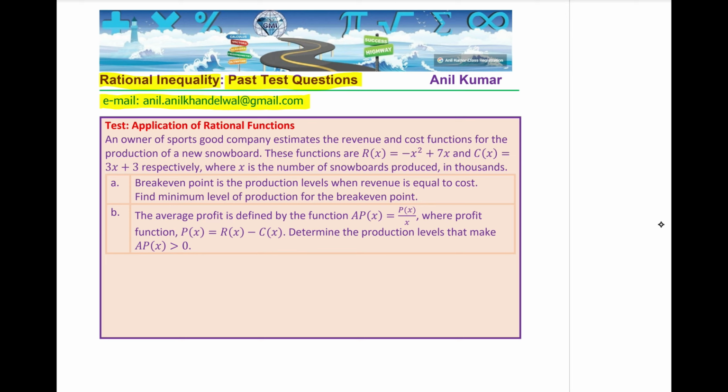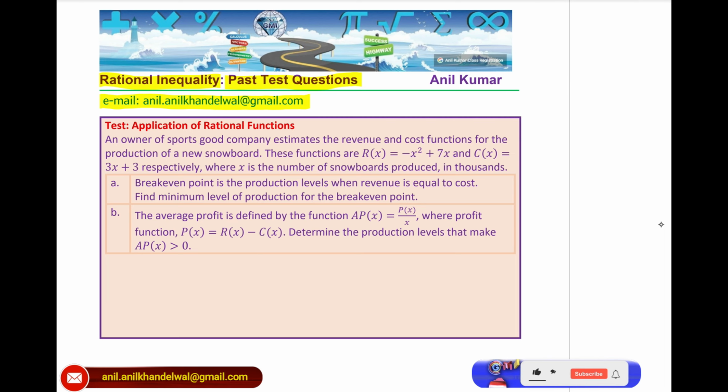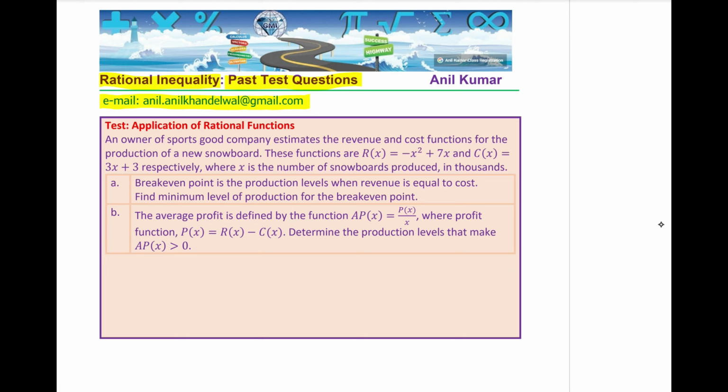So in this question, we are given the revenue and cost functions. Profit is basically the difference of revenue and cost. Break-even point is a level of production where the revenue equals the cost. So that is the first part. We need to figure out the minimum level of production for the break-even point.